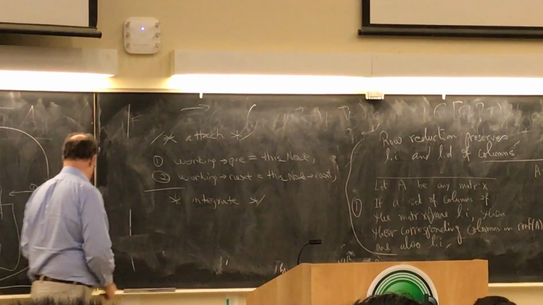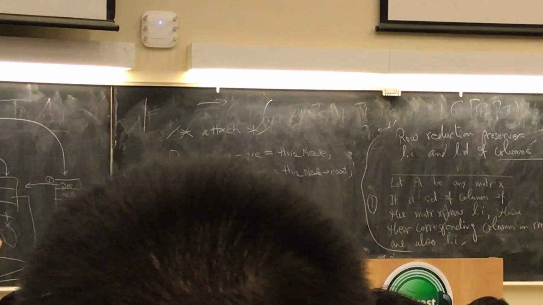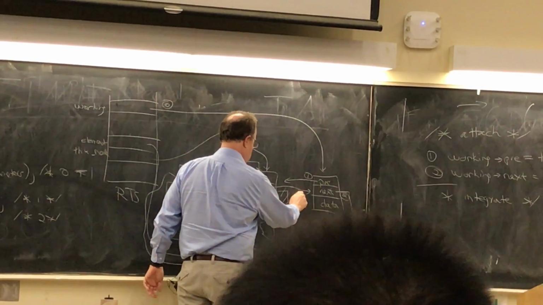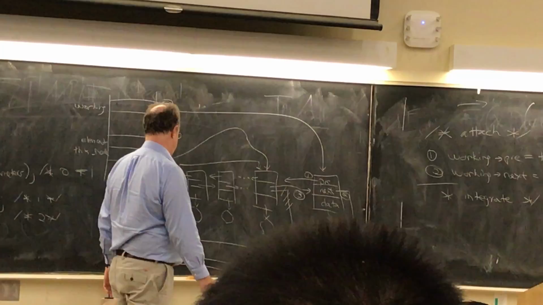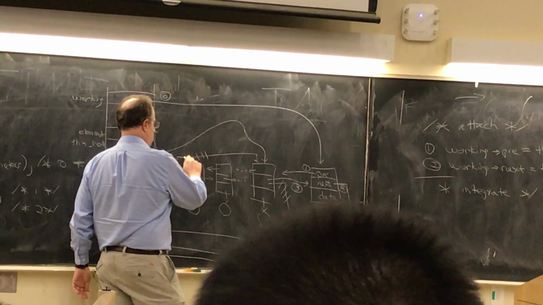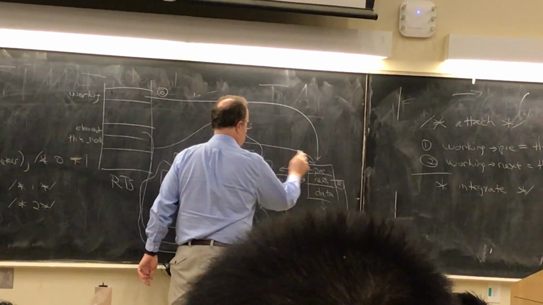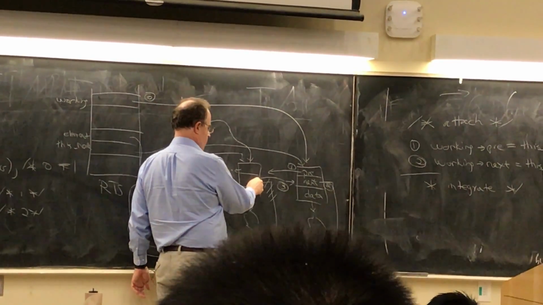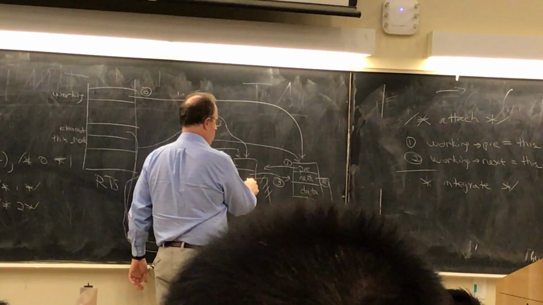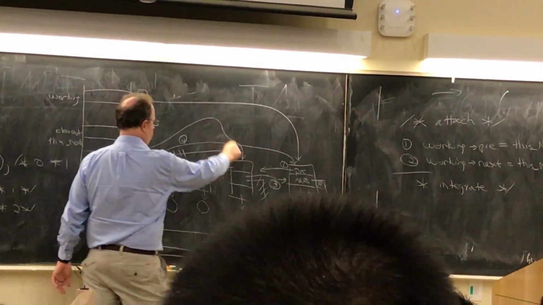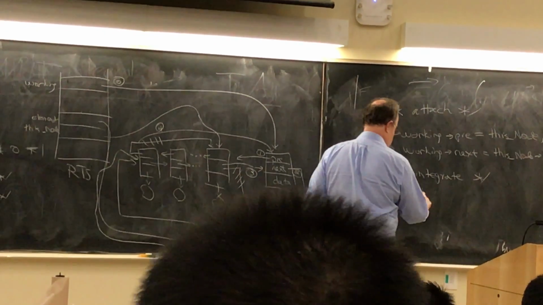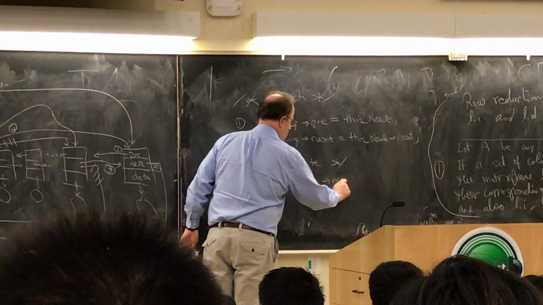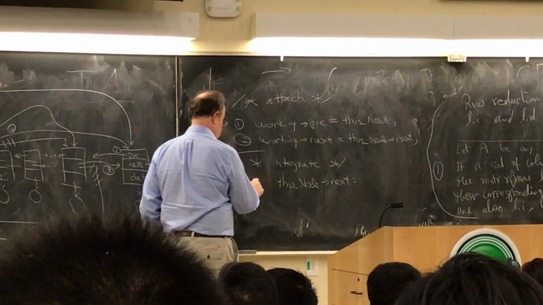Two more lines, 2 more drawings. So we integrate, we need to change this pointer to point here. Let's say that's 3. And then the 4th one, we need to change this pointer and have it point here. So that's 4. What is the name of this space? It could be this node next equals something.